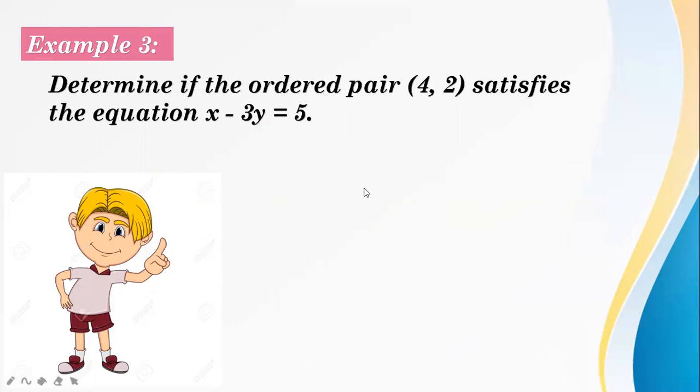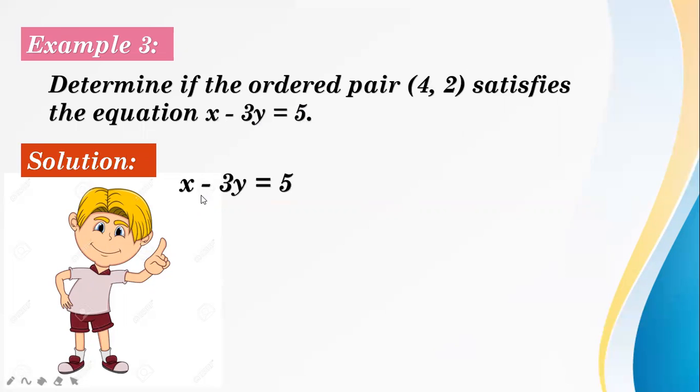Next, we have another one. Determine if the ordered pair 4, 2 satisfies the equation x minus 3y equals 5. We check if this ordered pair is one of the solutions of the given equation. Solution: x minus 3y equals 5.